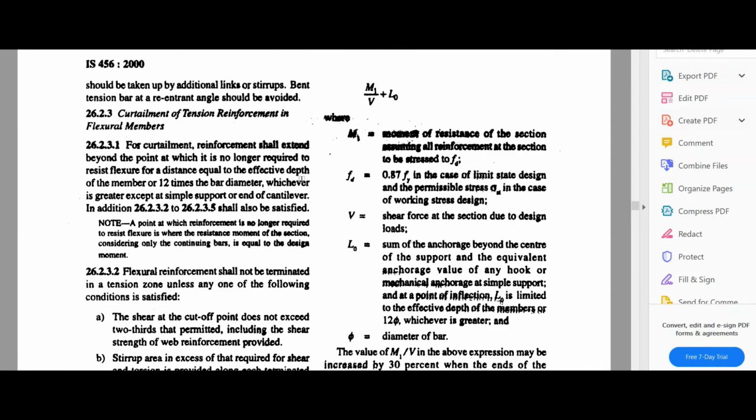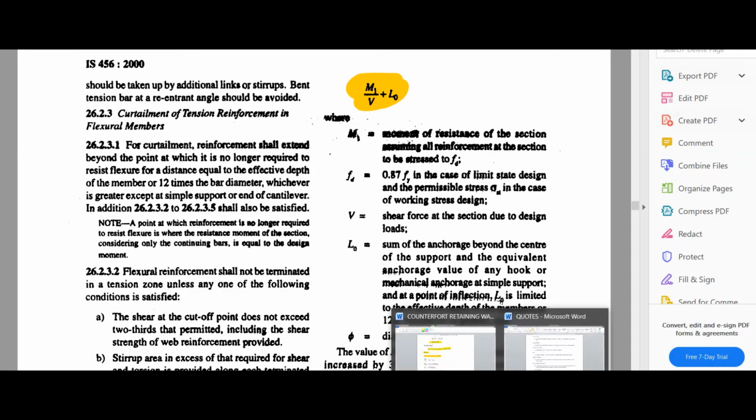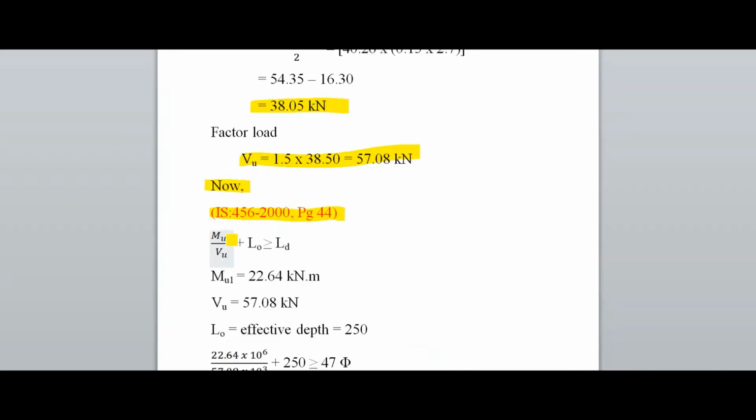Here is the equation. So we use this equation here. M1/Vu + L0 is greater than Ld. So M1 is 22.64 kN per meter.